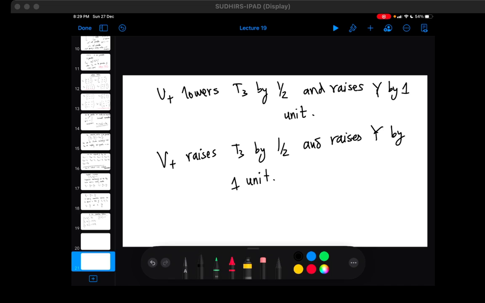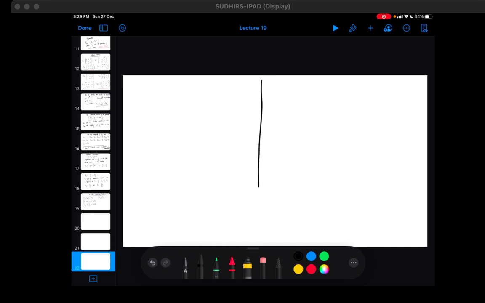Suppose in the two eigenvalue axes we now have Y and then T3. On the T3 direction there is T plus, which keeps increasing it, and on this side lowering it would be T minus. The other two raising and lowering operators would now act diagonally.